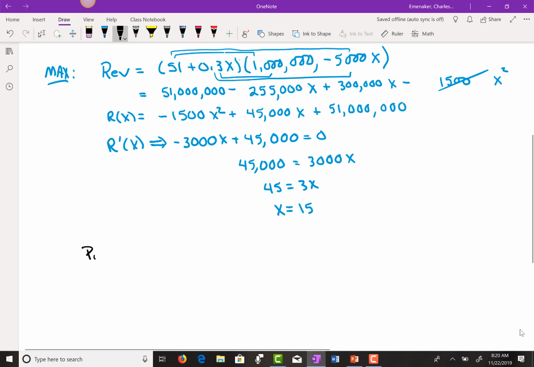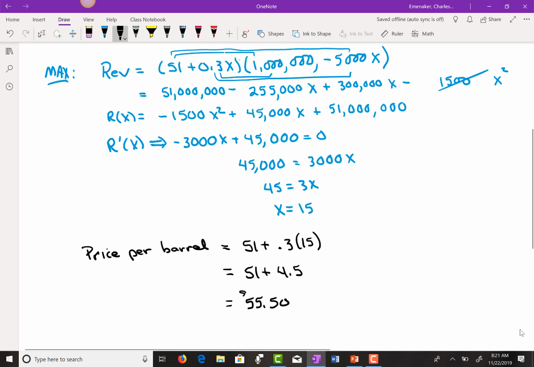So the price per barrel is going to be this $51 plus 0.3 times 15. It's going to be $51 plus 4.5, which is going to give us a new per barrel price of $55.50.